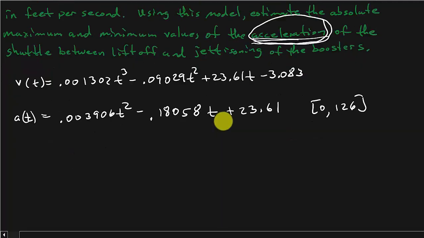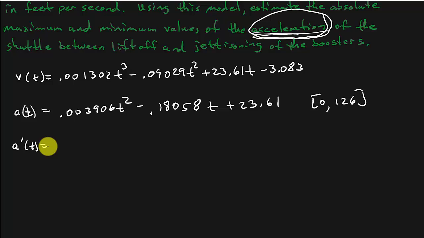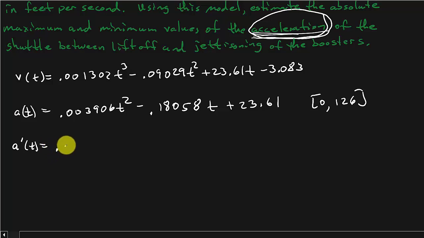So I've got to take the derivative of the acceleration function. So a prime of t is equal to 0.007812 t minus 0.18058.